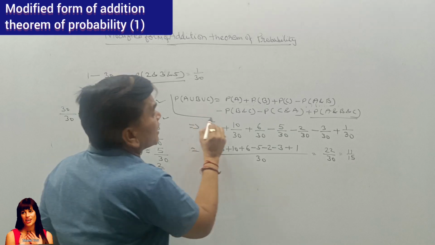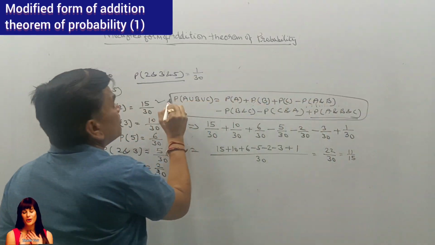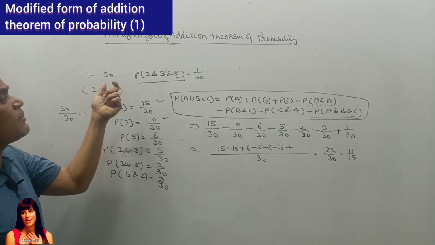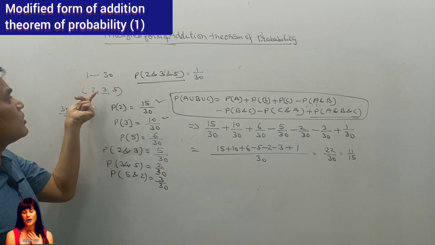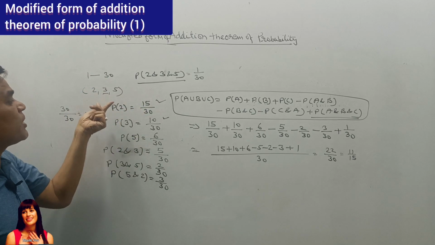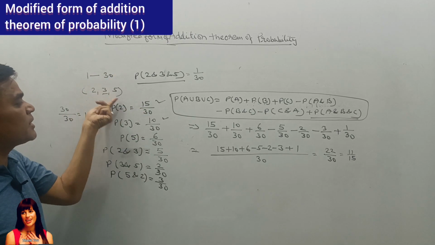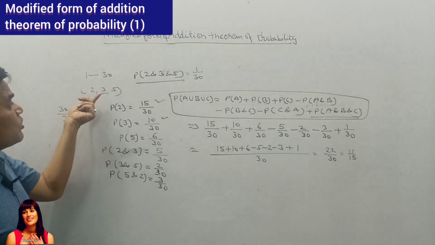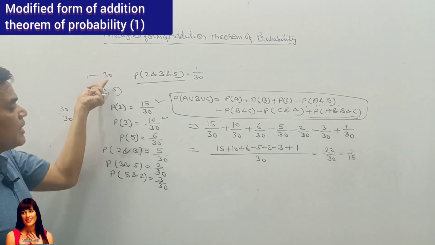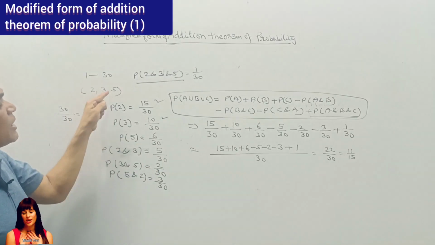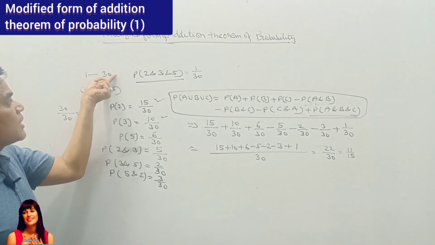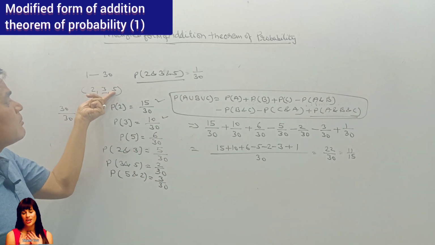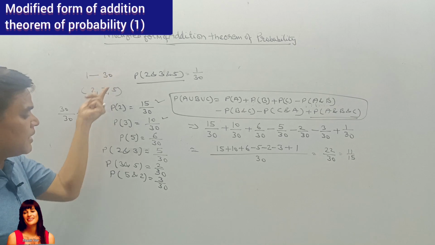Here we use this formula because 3 events are there. From 1 to 30 we calculate the numbers divisible with 2, 3 and 5. So 30 divided by 2 is 15. 30 divided by 3 is 10. 30 divided by 5 is 6. 2 and 3 multiplied is 6, so 30 divided by 6 is 5. 3 and 5 multiplied is 15, so 30 divided by 15 is 2. 2 and 5 multiplied is 10, so 30 divided by 10 is 3.